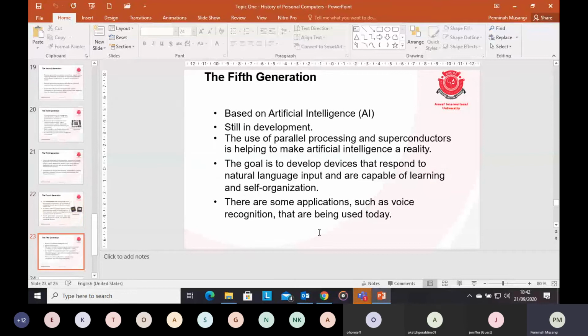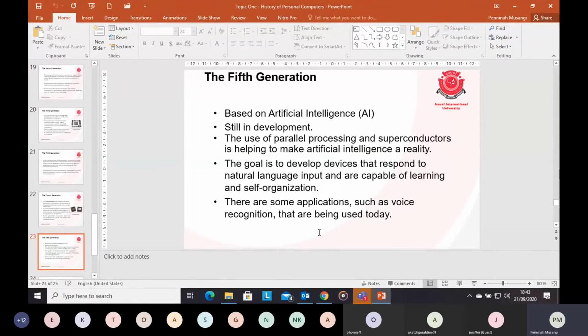To the last generation of computers, the fifth generation, this was based on what we call artificial intelligence. Artificial intelligence means that computers could have the intellect of a human being.